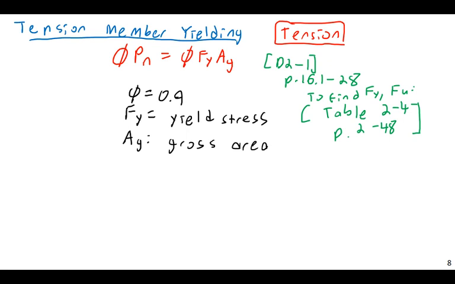So, this is a very nice table. It tells you a few things. It tells you, for each different type of steel that is made by American steel manufacturers and also other steel manufacturers as well. These are not exclusive to the U.S.